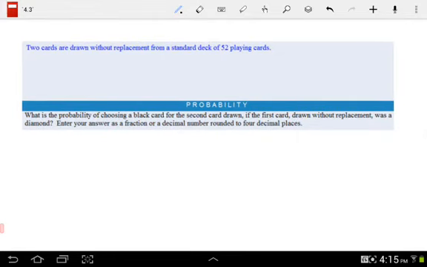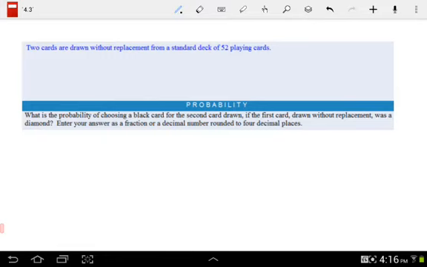Okay, another probability question. Two cards are drawn without replacement from a standard deck of 52 cards. What is the probability of choosing a black card for the second card drawn if the first card drawn without replacement was a diamond?